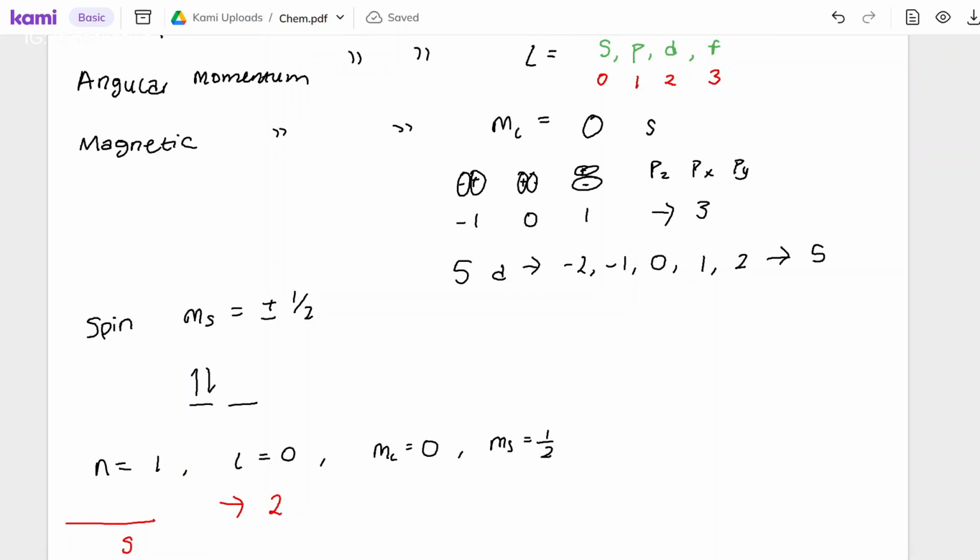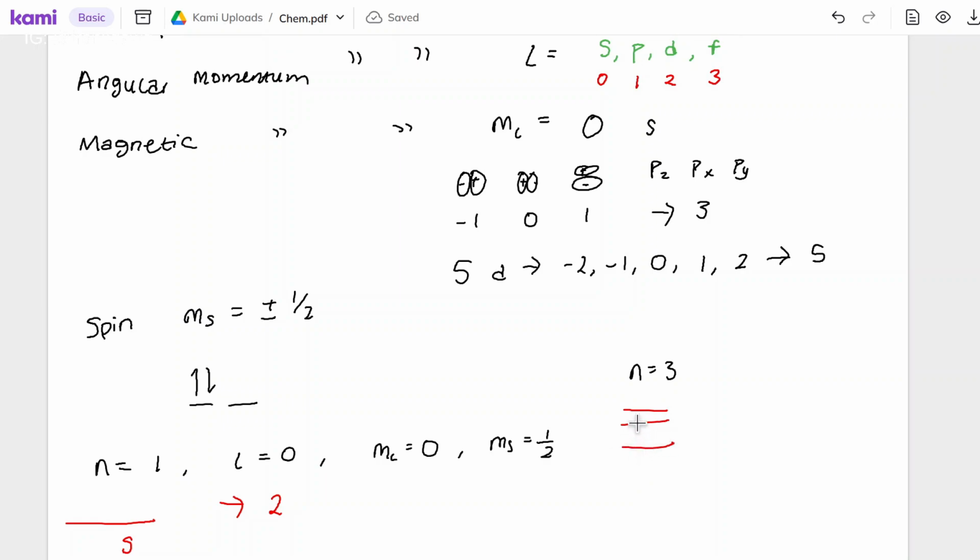Another way this problem can be asked is, they give you n is equal to 3, and then ask what the possible L values are. How you do this is you remember that n means the row in the periodic table, so they're talking about the third row.